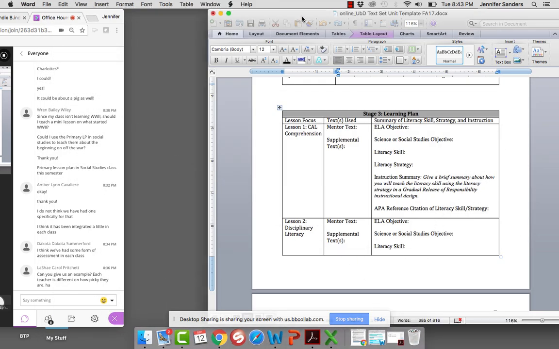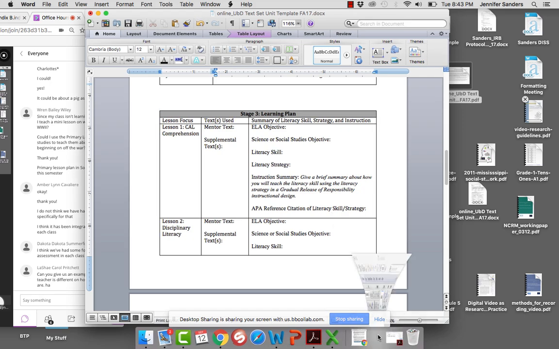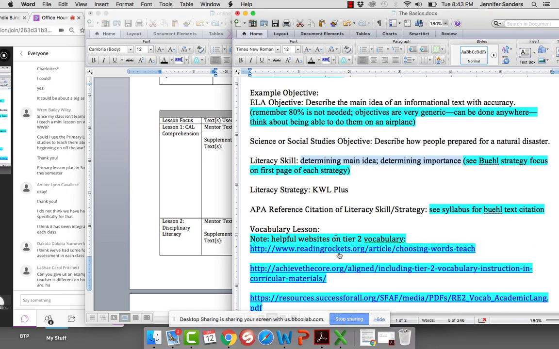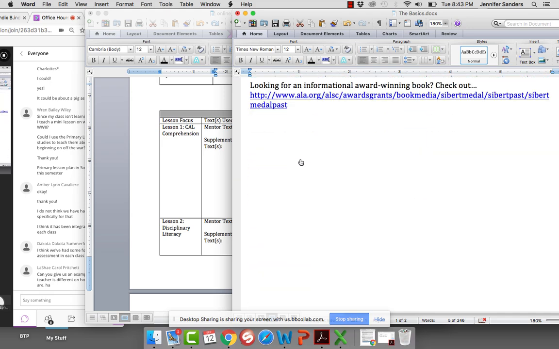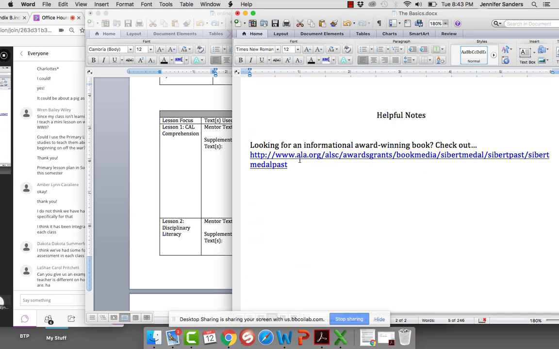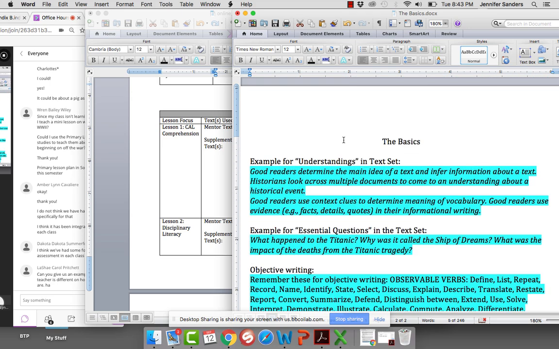So there's that. We'll try to give you something else. I'm going to provide this as well where we have some vocabulary lessons. This is just some helpful websites for your vocabulary lessons on where to find tier 2 words. And then I'm going to provide this site.